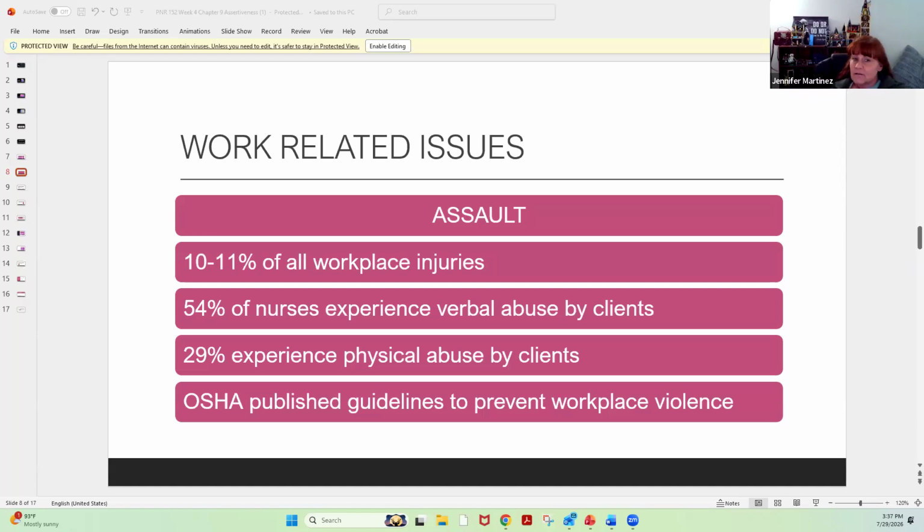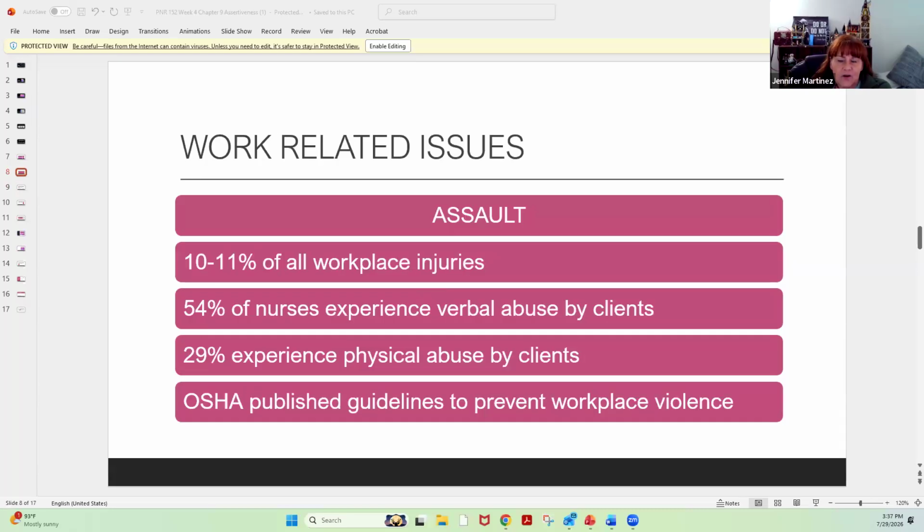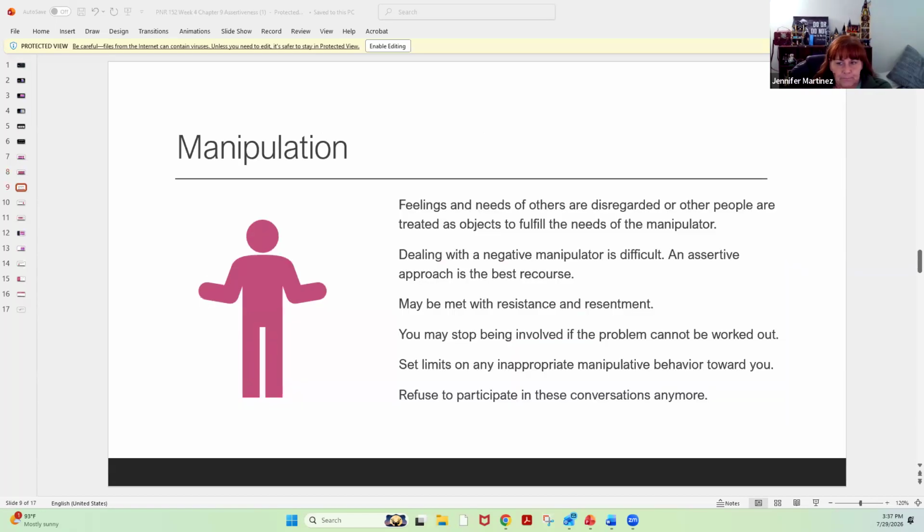But because workplace violence is a huge issue, and OSHA's job is to keep people safe, it does have the workplace violence guidelines. Not all agencies have complied with OSHA guidelines. But more and more, as we see the increase in workplace violence, more and more people are becoming involved in trying to keep healthcare safer for people.